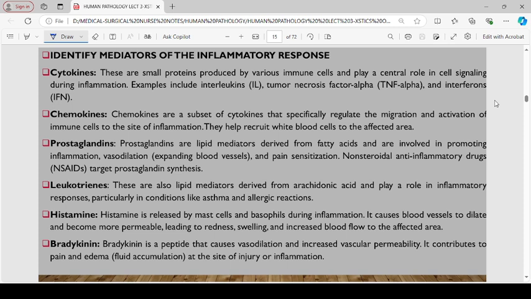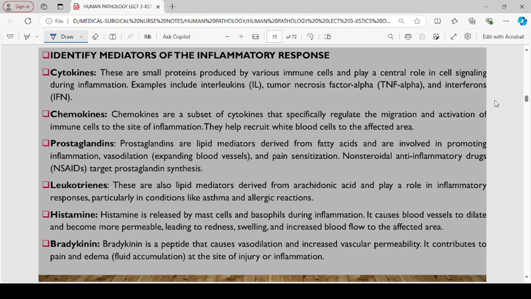Histamine is released by mast cells and basophils during inflammation. It causes blood vessels to dilate and become more permeable, leading to redness, swelling, and increased blood flow, which are the cardinal signs that we have just discussed in the previous slide. Bradykinin is a peptide that causes vasodilation and increased vascular permeability.